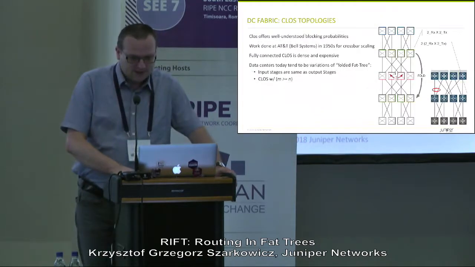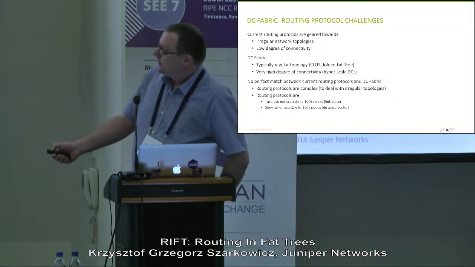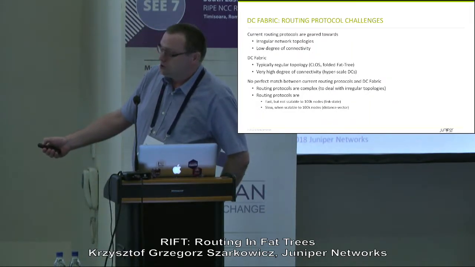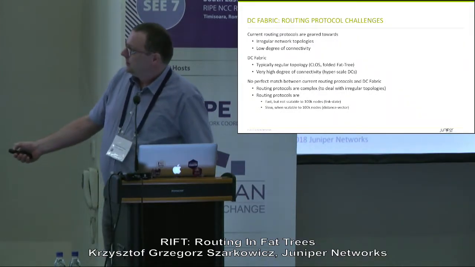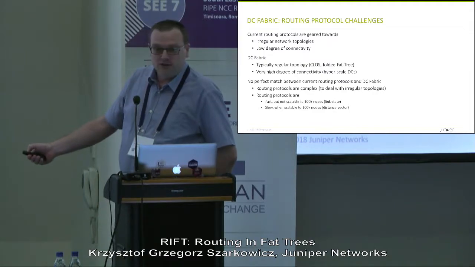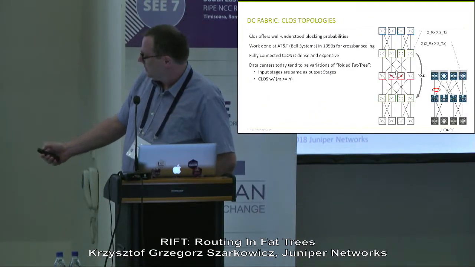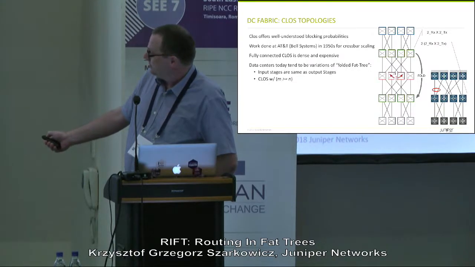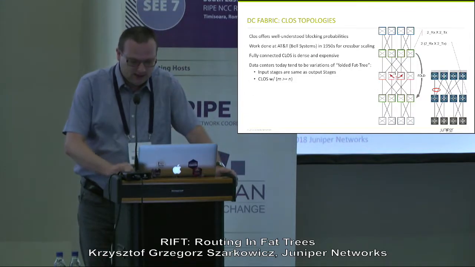As you see here, this DC fabric is a very regular topology, as you see on the previous picture, and has a very high degree of connectivity. On this picture I didn't show a very high degree of connectivity, but typically we have like 10 uplinks or something like that in large networks.